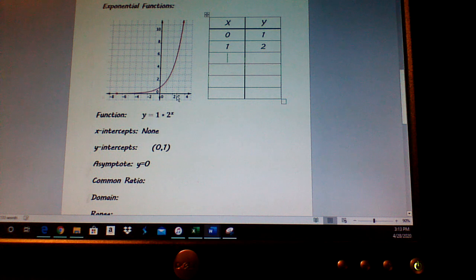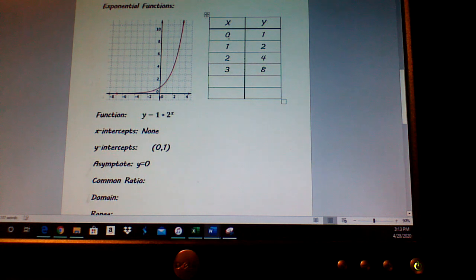Then I have 2, 4 as the next coordinate. And then 3, 8 would be another one. And that, I think, is about it that we can see on this graph.